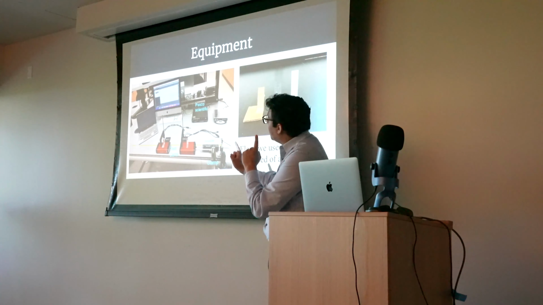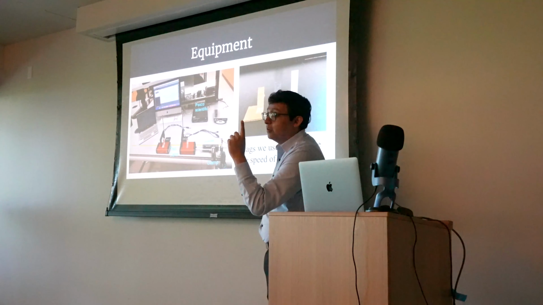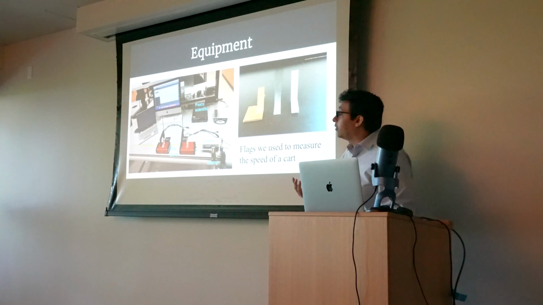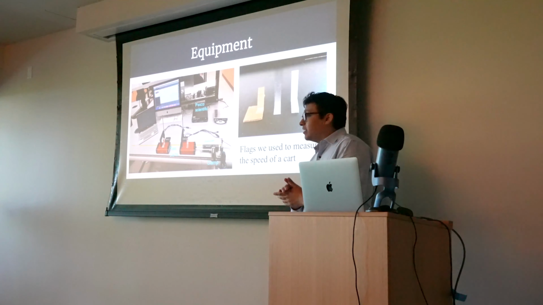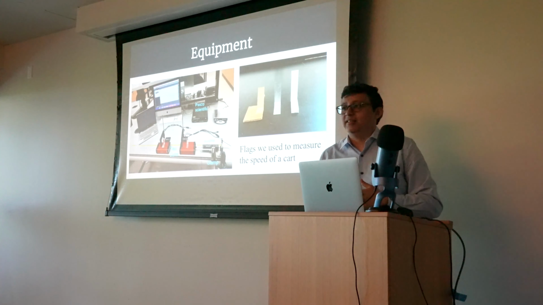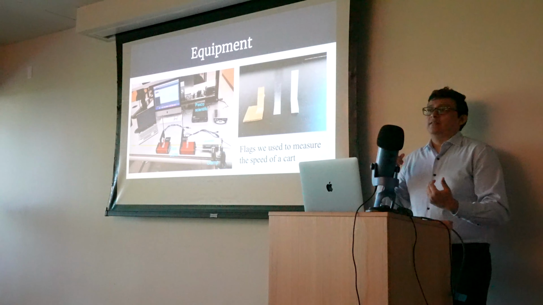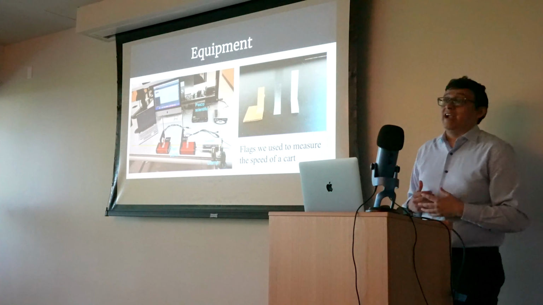Then cart 1 pushes cart 2 towards the second photo gate where we get our second data point. We then use the Capstone program on the Apple computer, and then I use my own computer with an Excel sheet to get the values of total momentum, the difference of total momentum, and the difference of total kinetic energy before and after the collision.